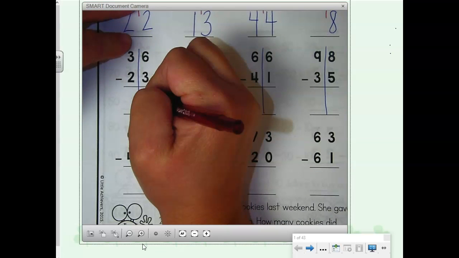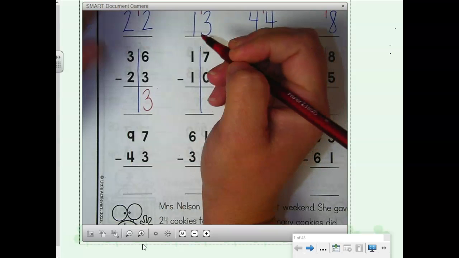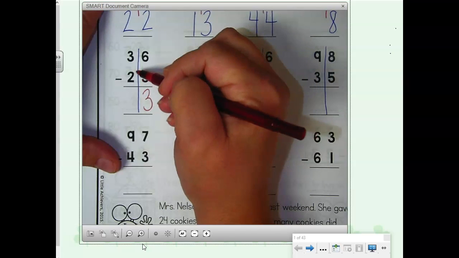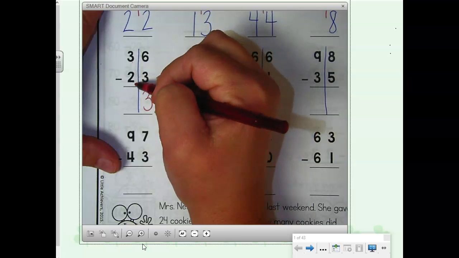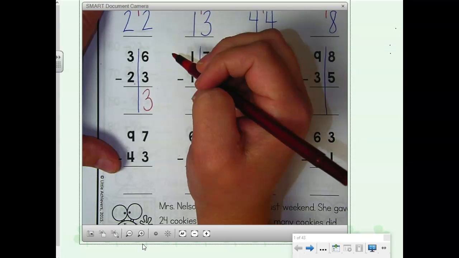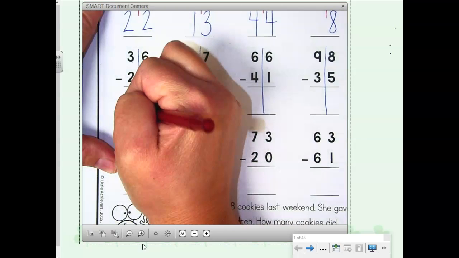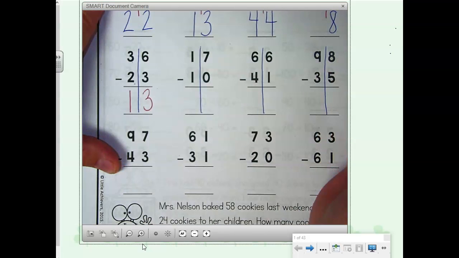My difference is 3. 3 minus 2 is 1. My answer is 13.